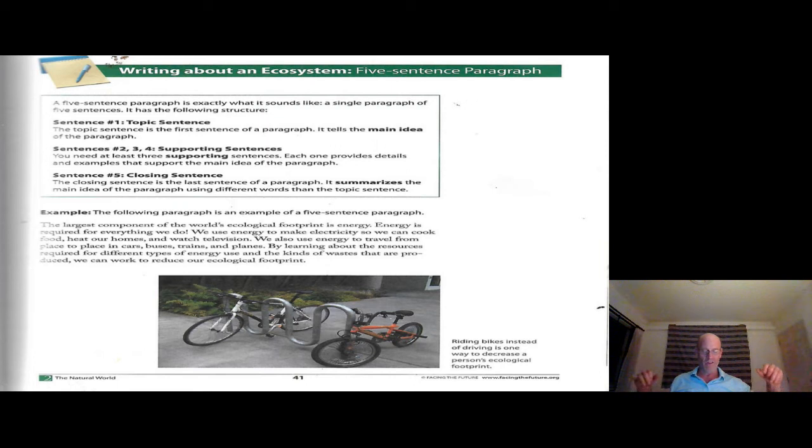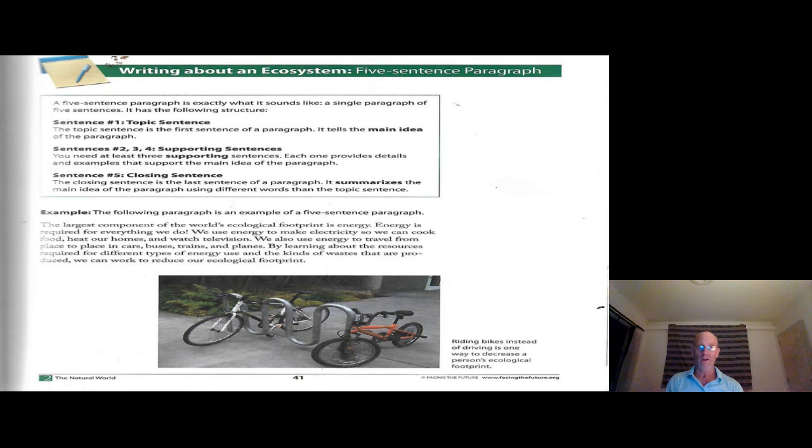And the closing sentence or the conclusion is, by learning about this, we can reduce our ecological footprint. So if you look at the first sentence, the world's ecological footprint, and the last sentence, ecological footprint, the topic sentence and the closing sentence or the conclusion tie together, okay?